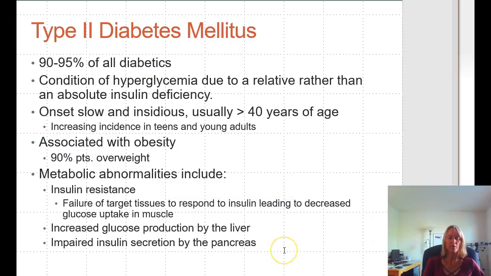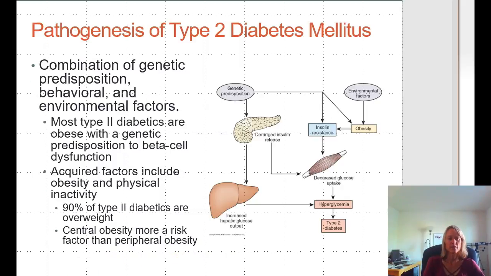Metabolic abnormalities include insulin resistance, so failure of the target tissues to respond to insulin, increased glucose production by the liver, so we have some kind of impaired response to glucagon, and impaired insulin secretion by the pancreas.